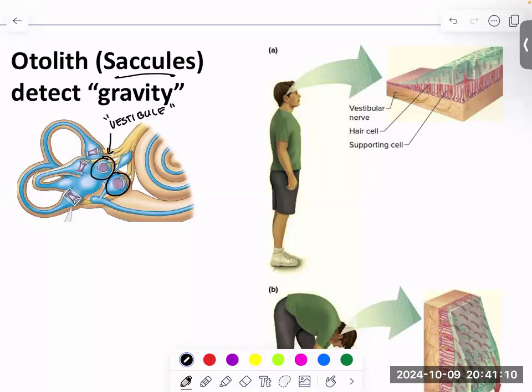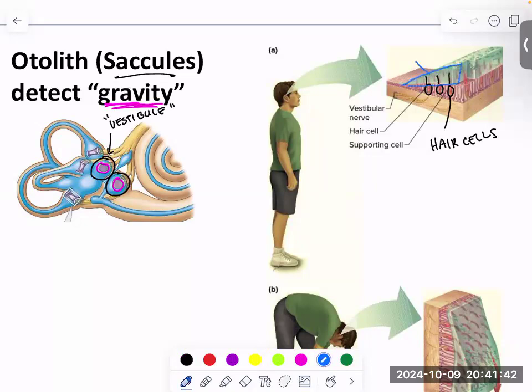The saccules detect gravity. Your otolith is a structure, that purple structure in there. And inside that purple structure, you once again have hair cells. What do the hairs do? They stand straight up into this gel.